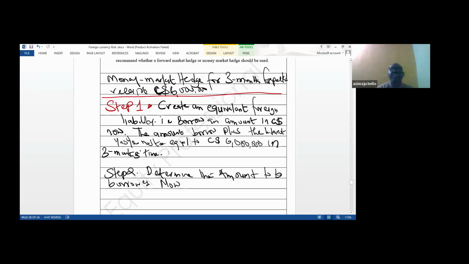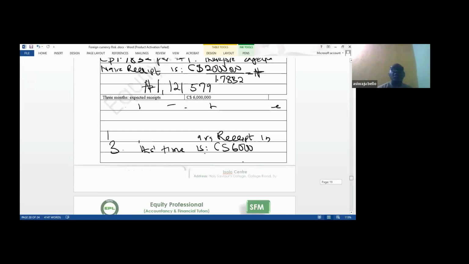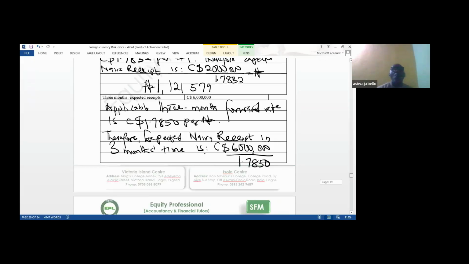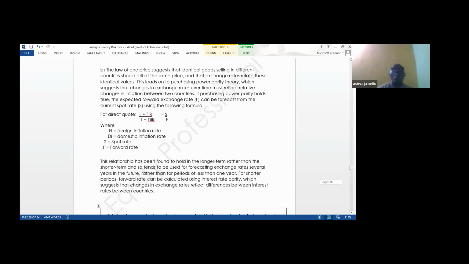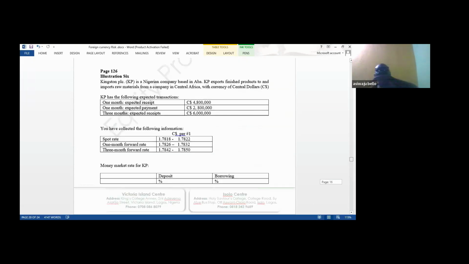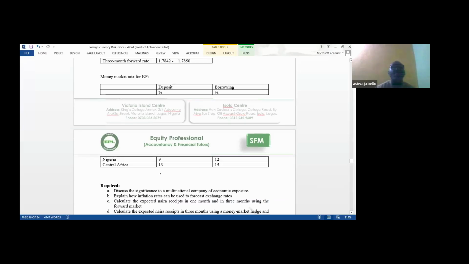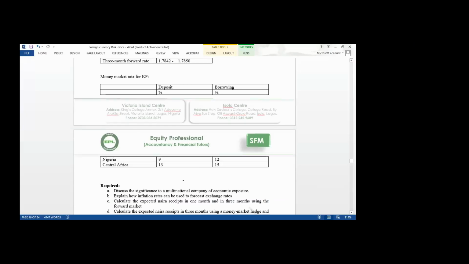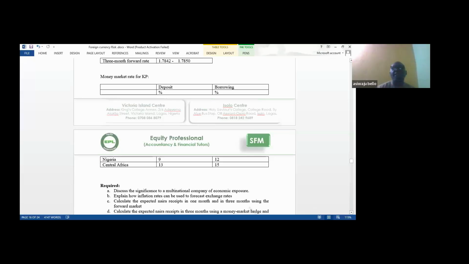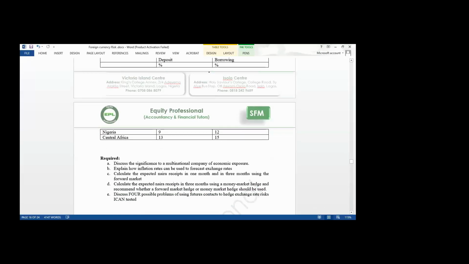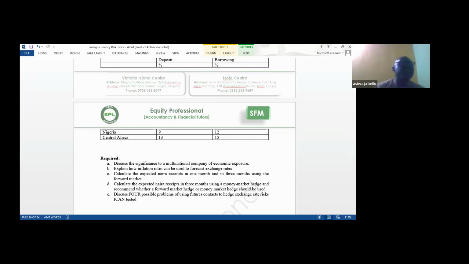What is the borrowing rate? Look at the question. 13% is the deposit rate. Under borrowing rate, sorry, 15%. In African countries, the annual borrowing rate is 15%.